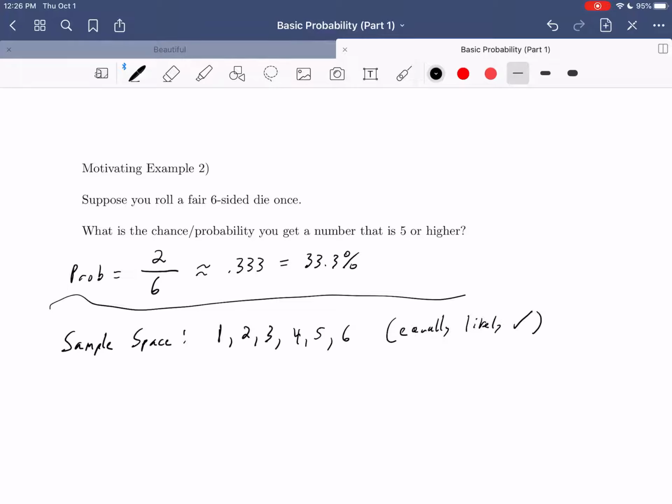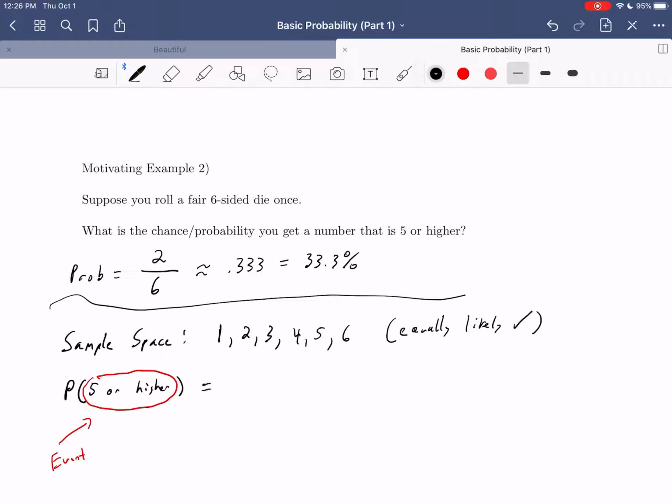Absolutely, right? Each side of the die has the same chance of showing up as any of the other ones. So the chance that we get a 1 or a 2 or a 3 or a 4 or a 5 or a 6 are all the same, so they are all equally likely. Then we could say the probability, our event was 5 or higher. Once again, this in here is what we would call the event.